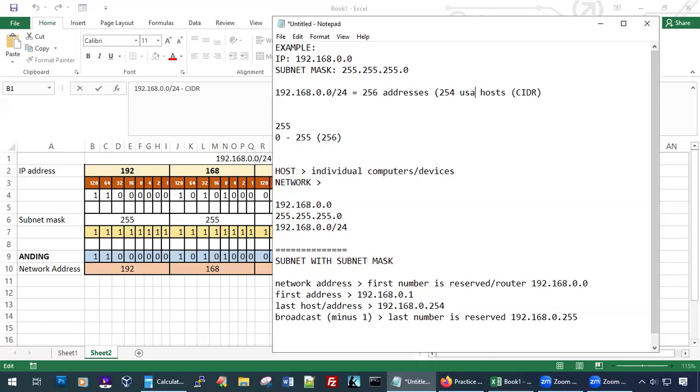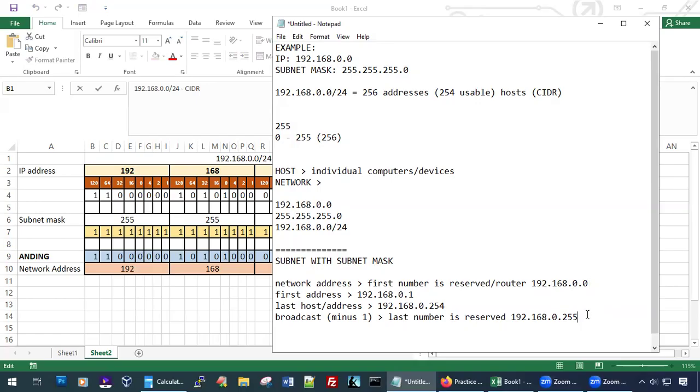The first is for the network address and the last is for the broadcast, so going all the way to 256, you just minus the reserved ones.